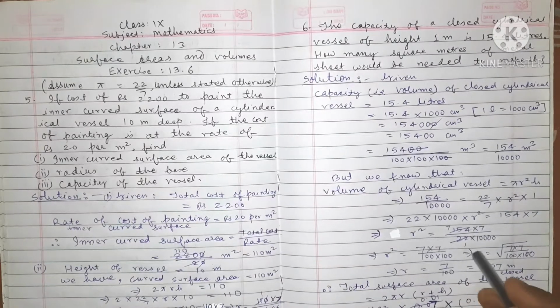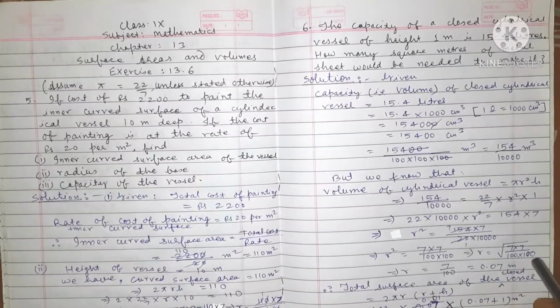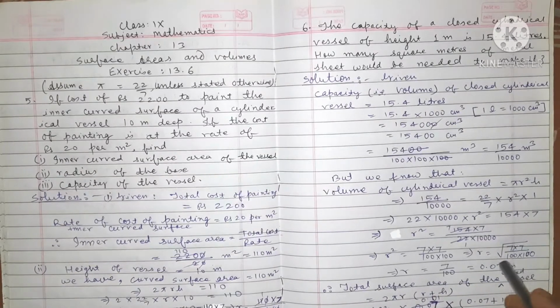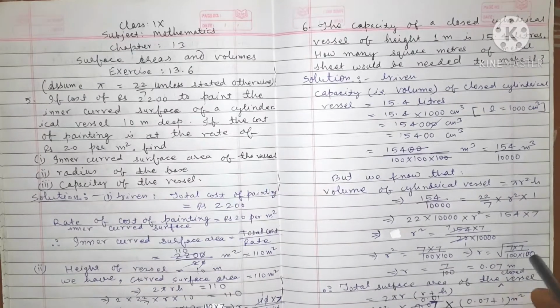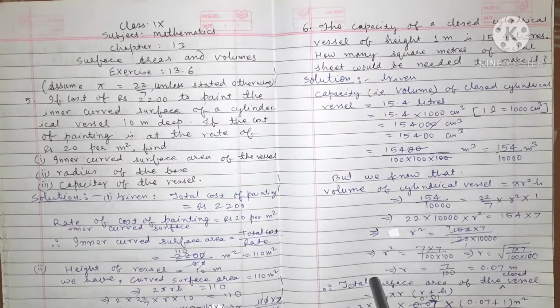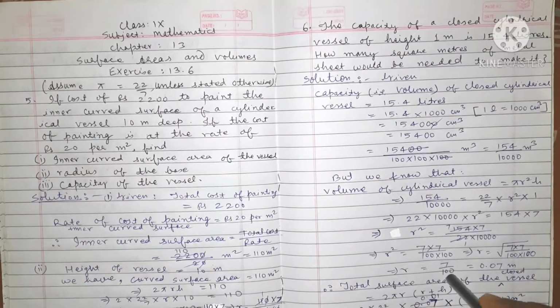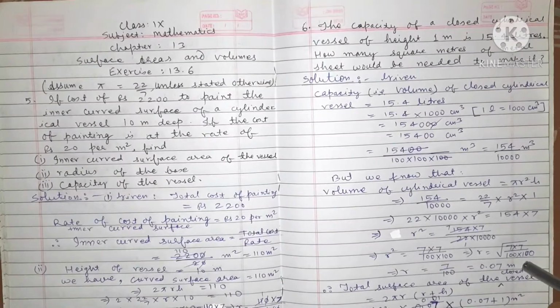This implies that r equals the square root of 7 into 7 divided by 100 into 100. When we take the square root, for 7 7s we write 7 in the numerator, for 10,000 we write 100 in the denominator. This implies that r equals 7 by 100, which equals 0.07 meter.